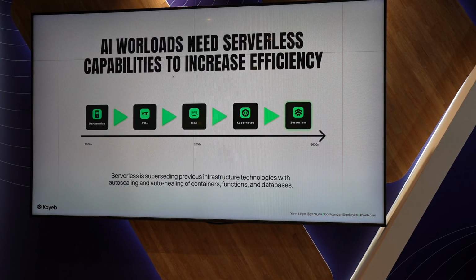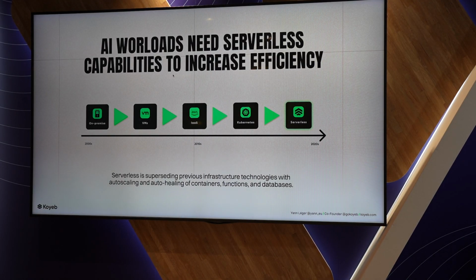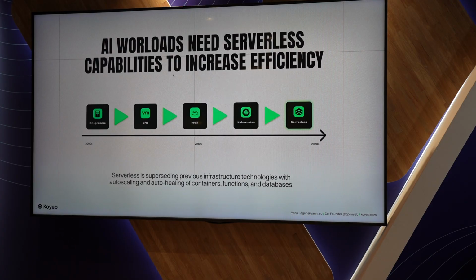Then Kubernetes came, and we believe the next wave of infrastructure is serverless, where you don't have to deal with orchestration. It doesn't necessarily mean functions when we speak about serverless. It's about providing an experience where you don't need to deal with orchestration, auto-scaling, and auto-healing of containers, and it applies to containers, functions, and databases.